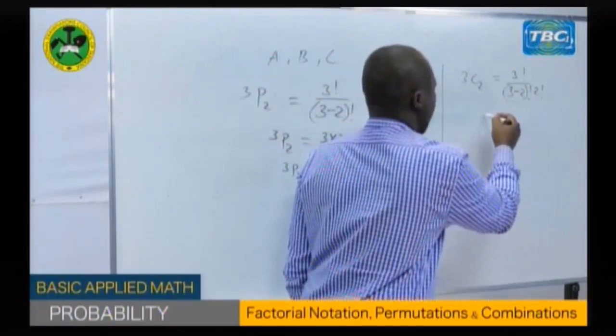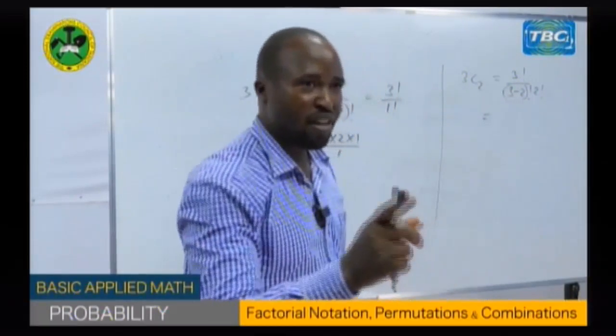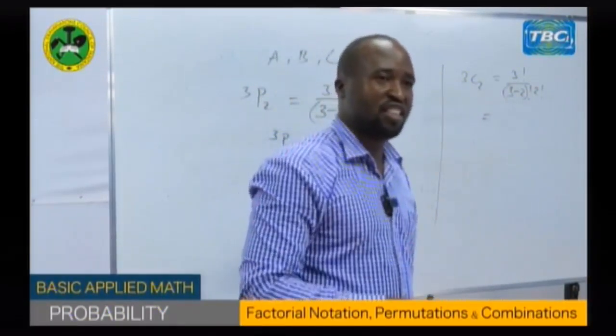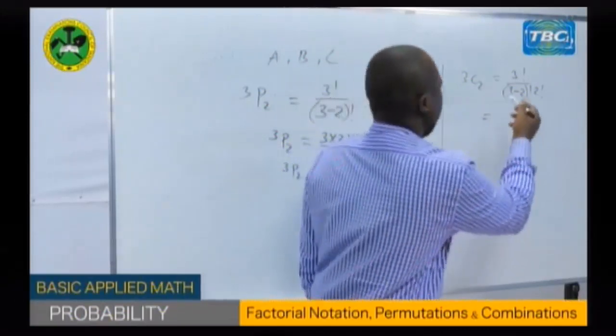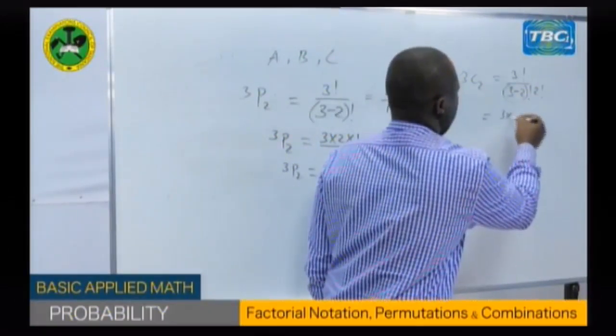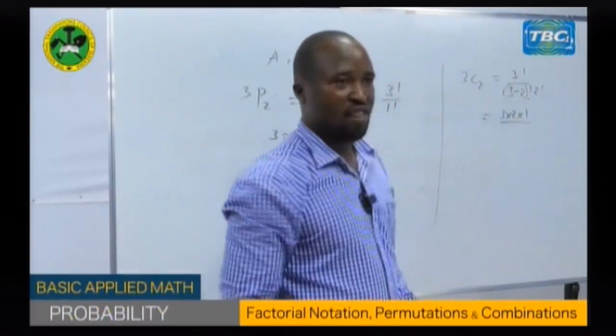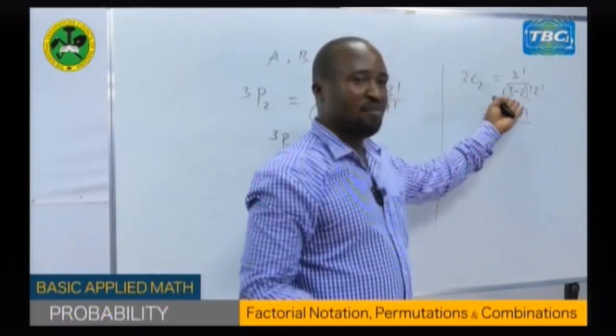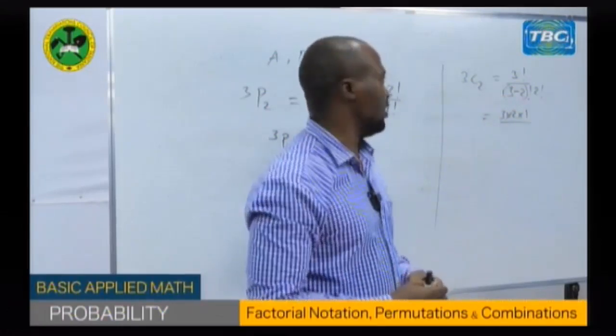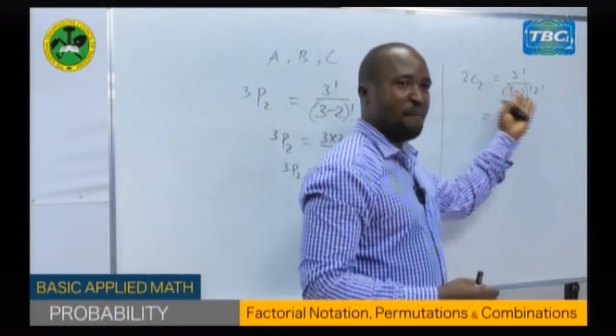Now, what are we going to get here? Remember the concept of factorial notation. That is 3 times 2 times 1 over, now again, the number which is inside the bracket has no factorial notation, so just take 3 minus 2.